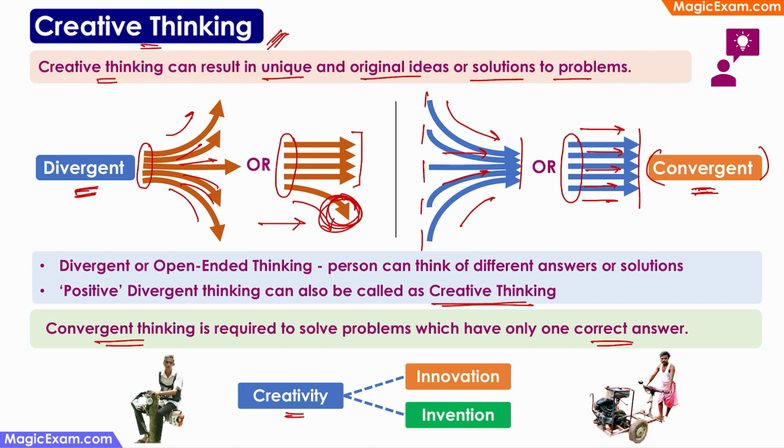Now, creativity can be innovation, it can be invention as well. Innovation is where you are using some existing ideas, existing solutions, but you are using them in a different way. For example, there is a farmer who used a scooter engine to create a mini tractor. Now, many people have created mini tractors in the past. Right?